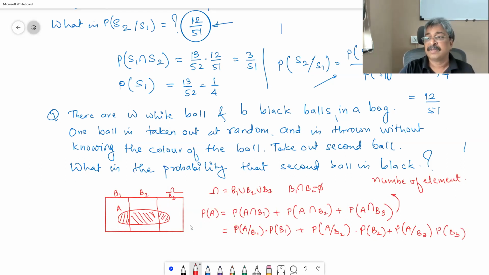Okay, and if there are n events in the omega space, mutually exclusive, collectively exhaustive, then these additions will be a sigma over all of them. This is called the law of total probability.